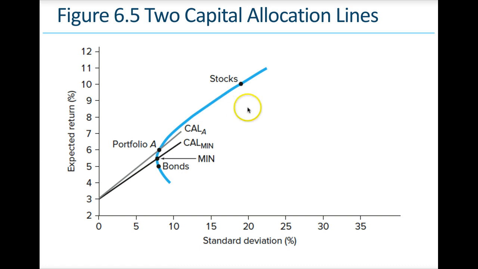CAL A, which is here, is going to dominate over the CAL Min, in the sense that it offers a higher expected return for any level of volatility. The slope of the CAL corresponding to the risky portfolio P, which we saw in the previous slide, is the Sharpe ratio of that portfolio, the ratio of expected excess return to standard deviation.